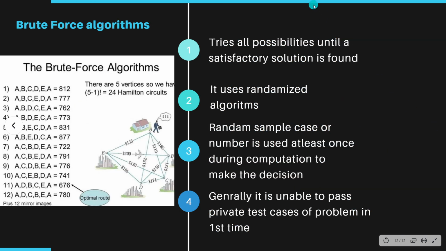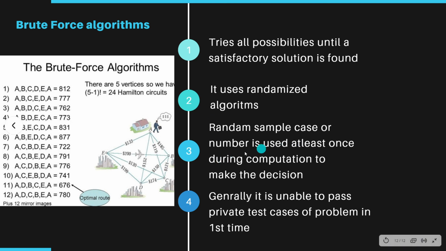Moving on to the next part, that is brute force algorithm. This is the algorithm we apply when we don't know any algorithm. Basically, it tries all possibilities until a satisfactory solution is found. It uses a randomized approach, any algorithm without thinking about space and time complexity is called a brute force algorithm.